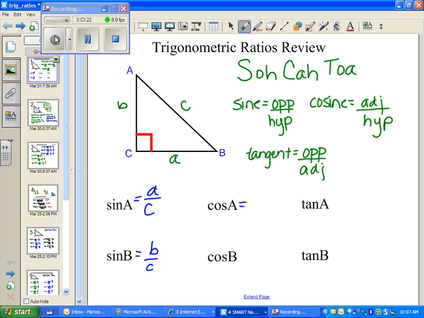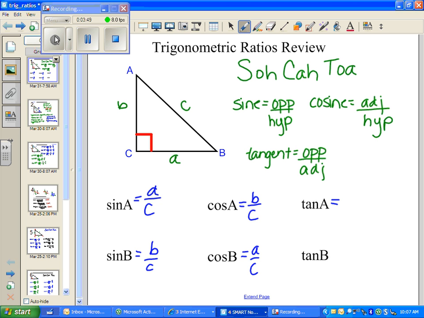What would the cosine of angle A equal? B over C. Right. The adjacent side B over the hypotenuse C. What would the cosine of B equal, Kay? A over C. Right, the adjacent side A over the hypotenuse C. What would the tangent of angle A equal, Andrew?